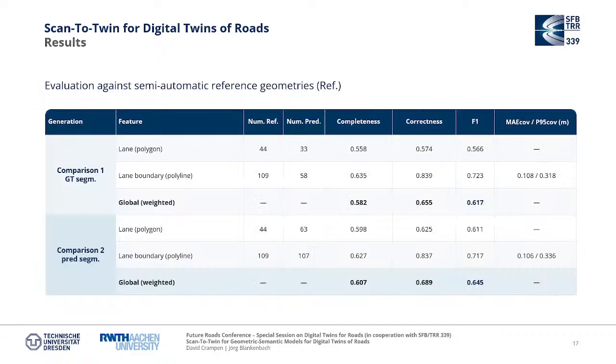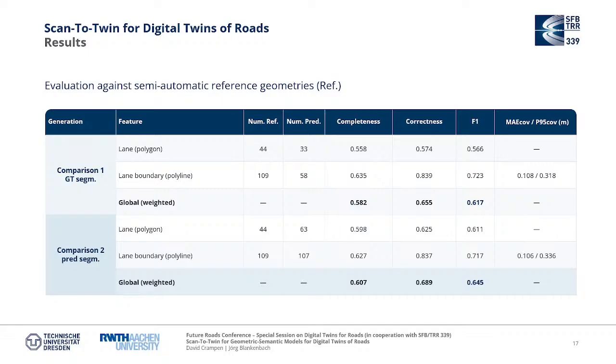The results look all right, okay-ish, I would say. In general they are still mediocre, but comparing the two cases against each other shows us that the rule-based approach pretty much matched the performance, so it was robust against imperfect segmentation, which is already a good sign.